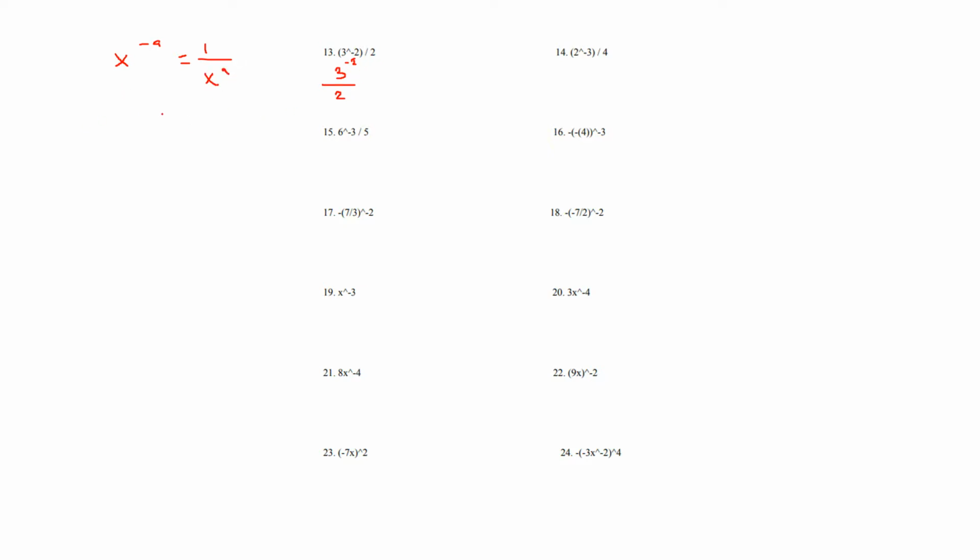But if you have this divided by a number like here, what this becomes is 1 over b times this. So for number 13, this would just be 1 over 2 times 3 squared. And 3 squared is just 9, so it's 1 over 2 times 9, or just 1 over 18.